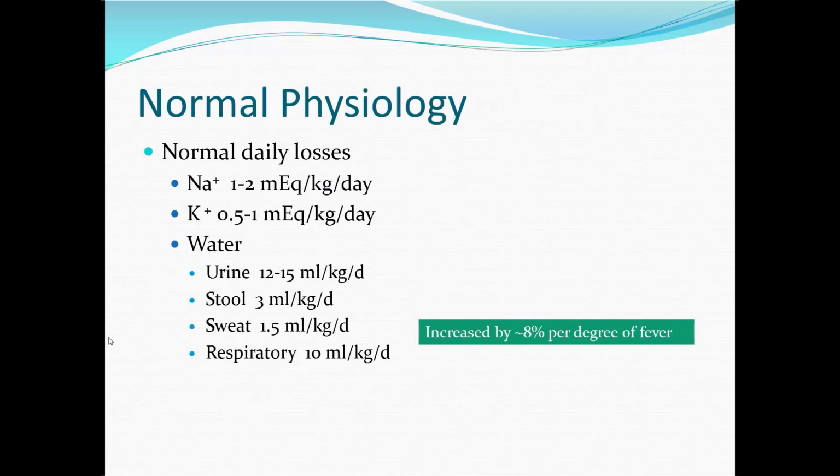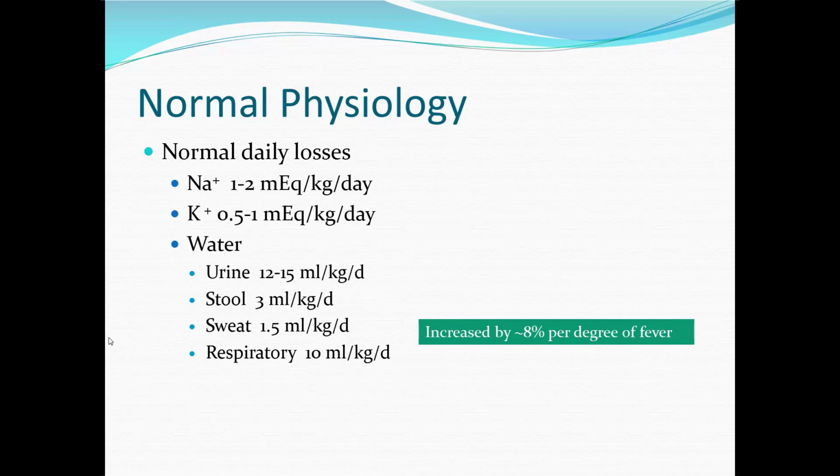And when it comes to the constant movement of those electrolytes, you're constantly losing sodium and potassium in water, typically in urine, stool, and sweat. And sodium losses typically run around 1 to 2 milliequivalents per kilo per day, with potassium losses being about 1/2 that.